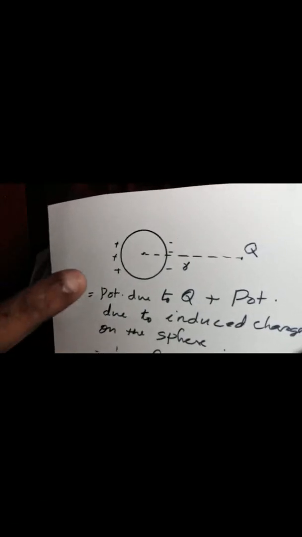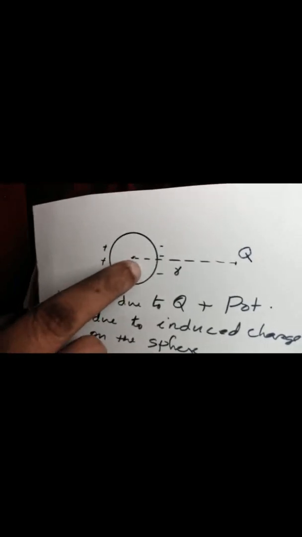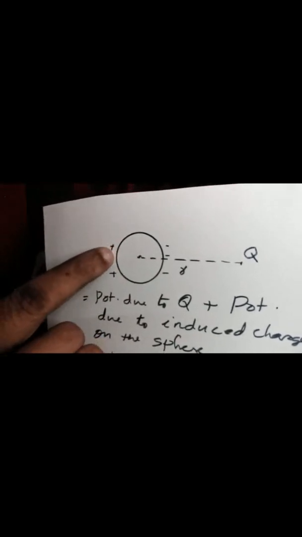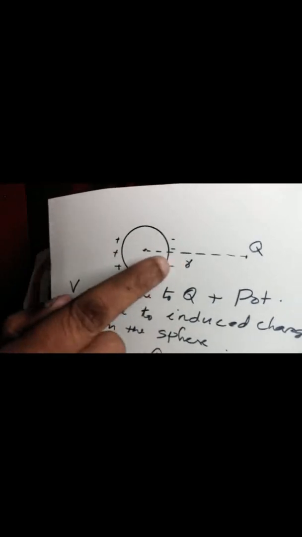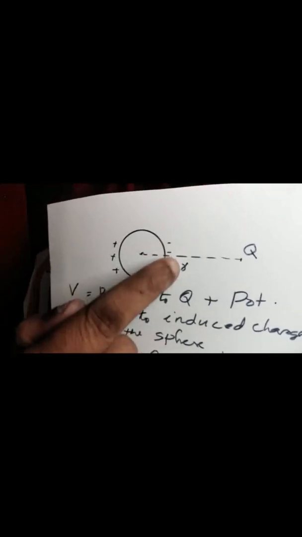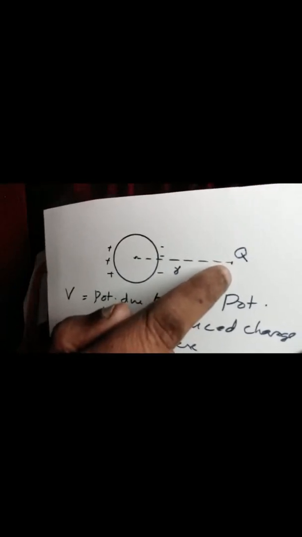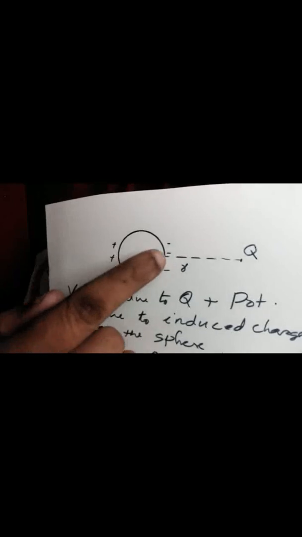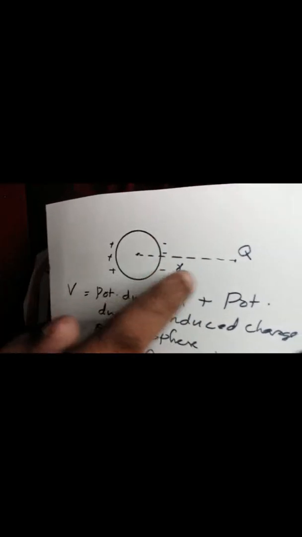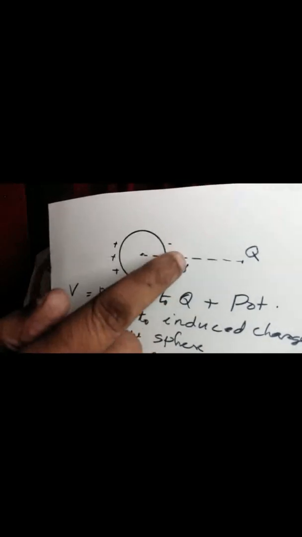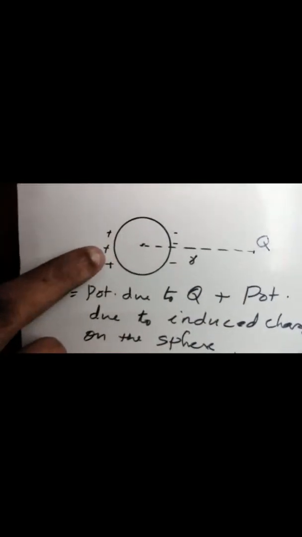The potential due to the induced charges will be 0 here, because the induced charge near the inducing charge is negative. If the inducing charge is plus, the induced charge facing this charge near the surface will be negative, and at the far surface it will be plus.